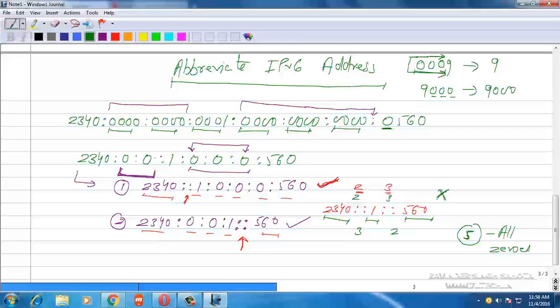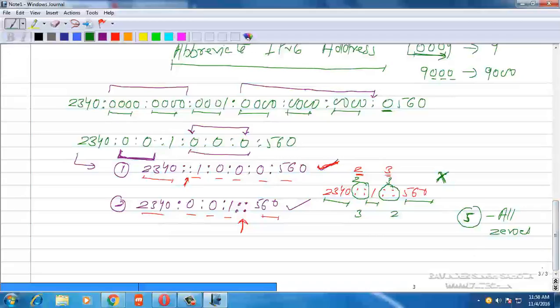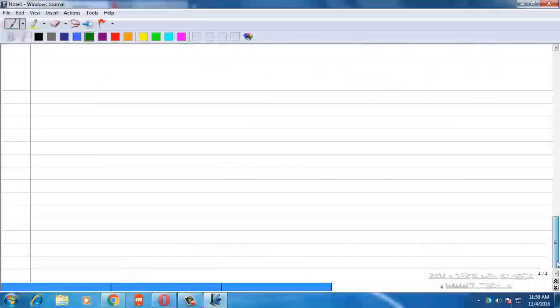We cannot abbreviate like this. There will be no two double colons in an IPv6 address, right? So this is how we abbreviate an IPv6 address. You can remove the leading zeros and then you can replace continuous quartets of all zeros with a double colon, but only once in an IPv6 address.